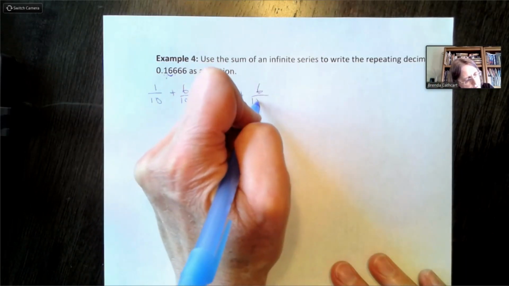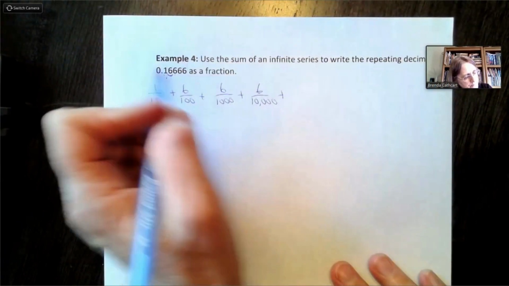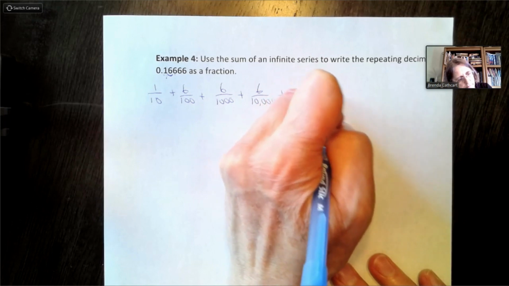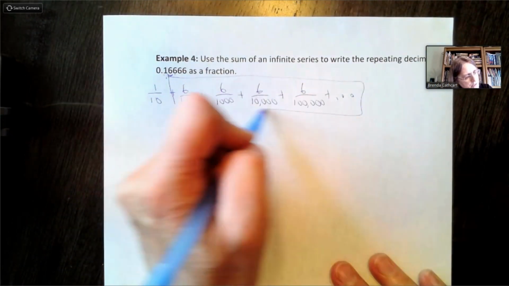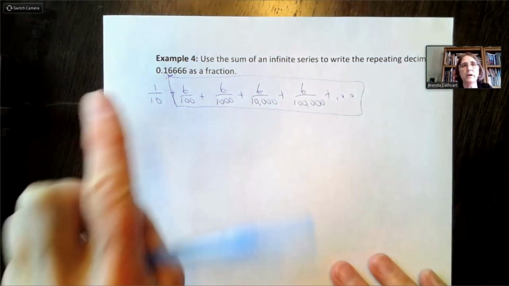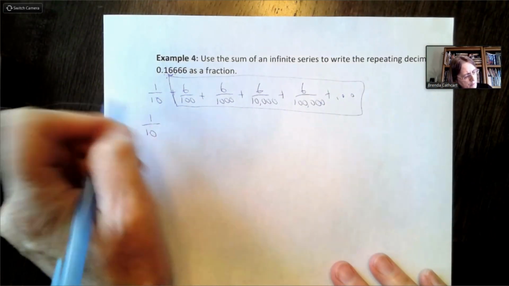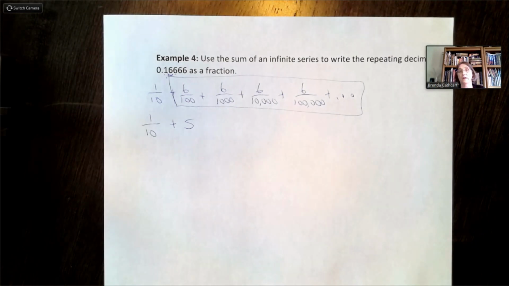And then in the 10,000ths place, and so on, as we keep going. This part forms an infinite geometric sum. So I'm going to find this sum, and then I'm going to add on the 1/10. So my total value is going to be 1/10 plus whatever this sum is.